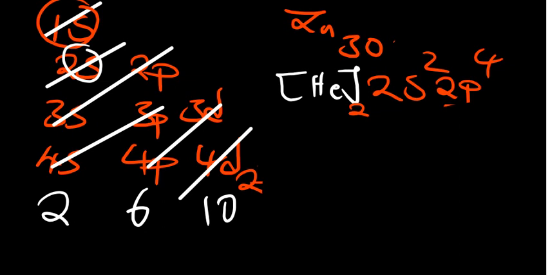Now, if you look at where zinc is, where is zinc? Zinc is in period 4, somewhere in between there. 30. So now if you look at the period that is above zinc, what noble gas is there? Argon, right?